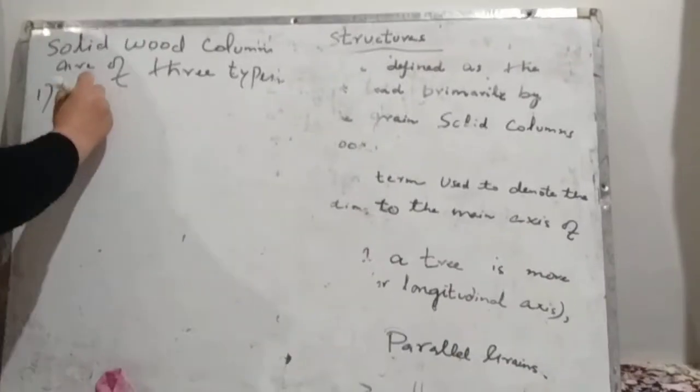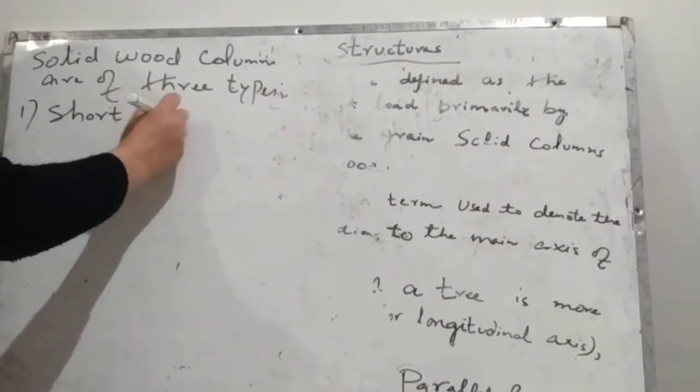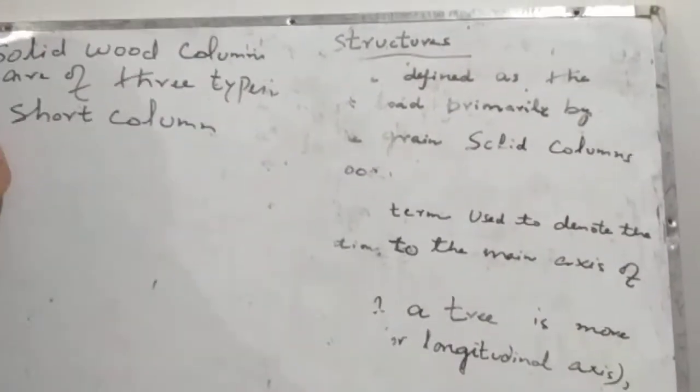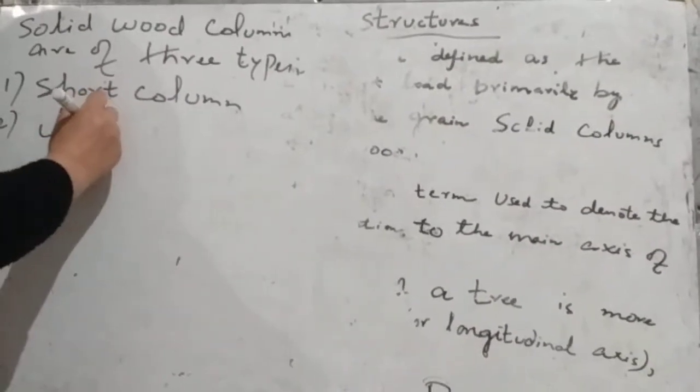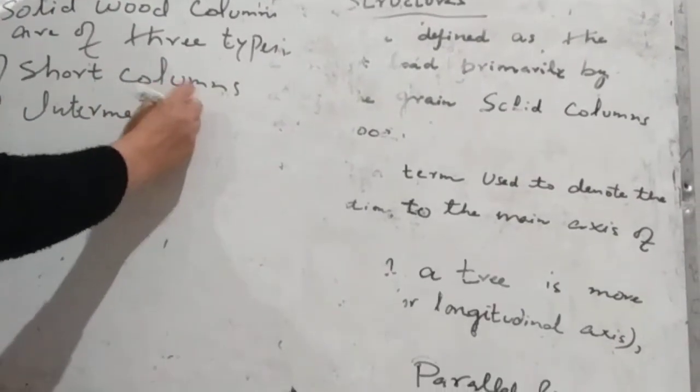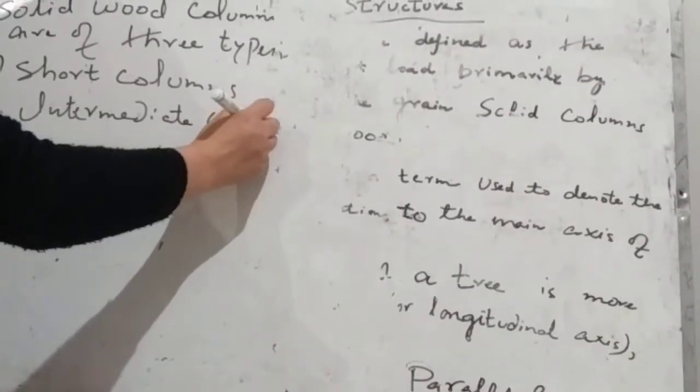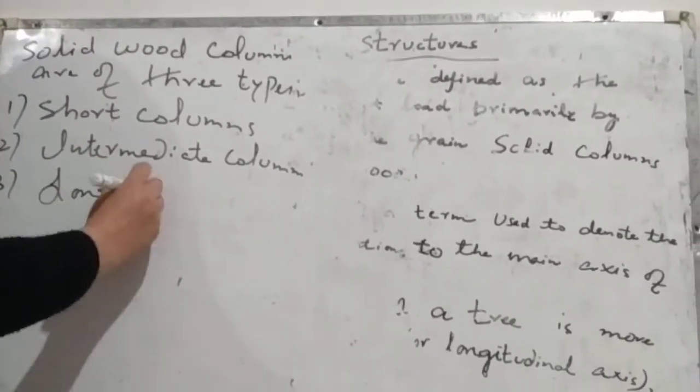First is your short column. Second is your intermediate columns. And third is your long columns.